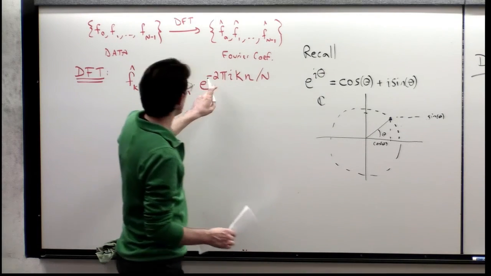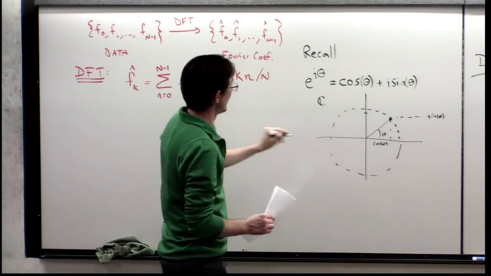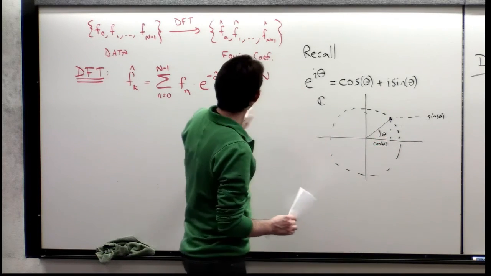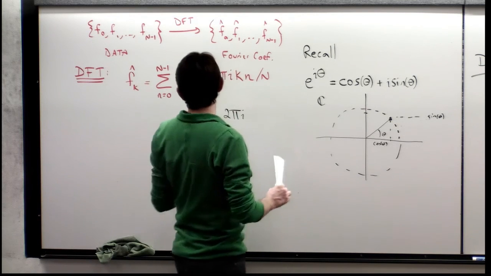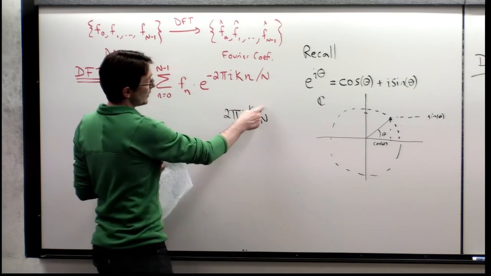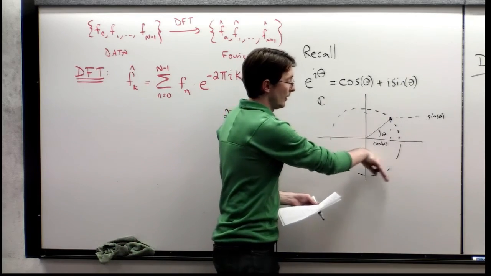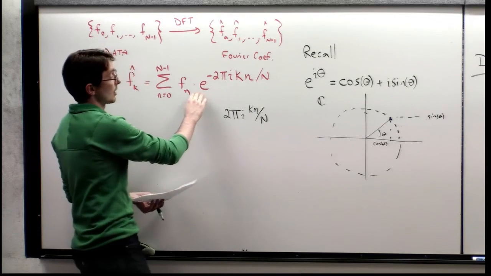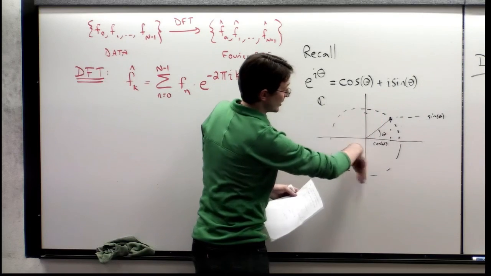And so if I look at this quantity 2 pi i times this number, 2 pi is a full revolution of the circle. So 2 pi i times, let's say, kn over big N. This number kn over big N tells me what fraction of the circle I've gone around. That's what this geometrically means. These are complex numbers, and e to a complex number is a position on the unit circle.